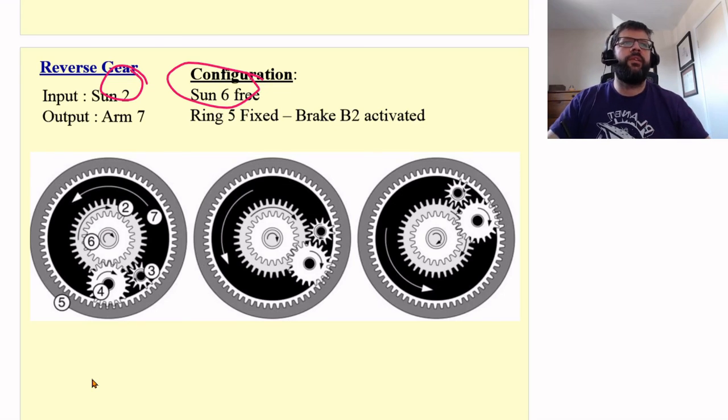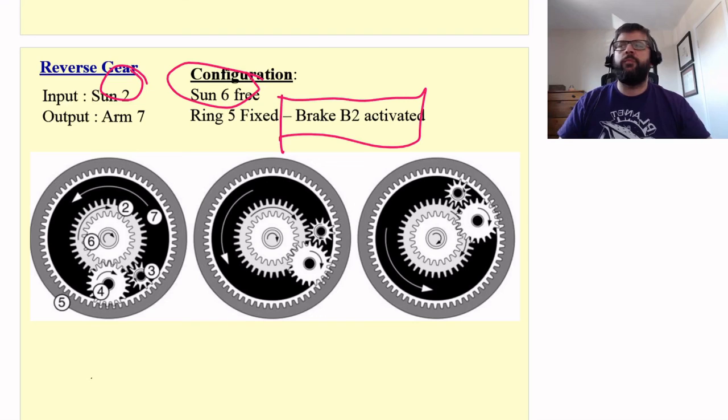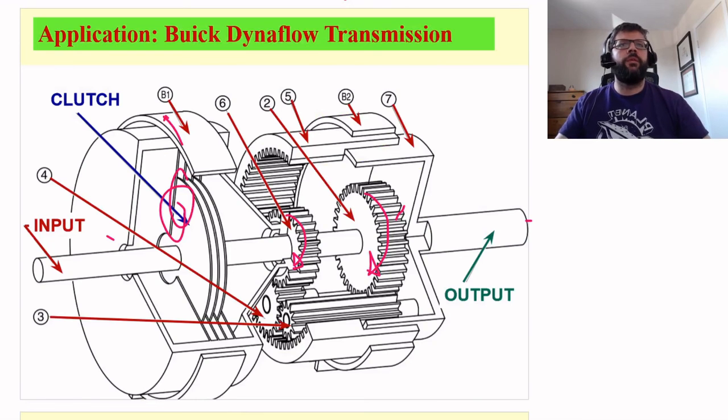It's going to be free to rotate, but the ring's going to be locked. We're going to be activating that B2. So our B2 is activated, our B1 and our clutch are free, so this thing's free to spin as needed.